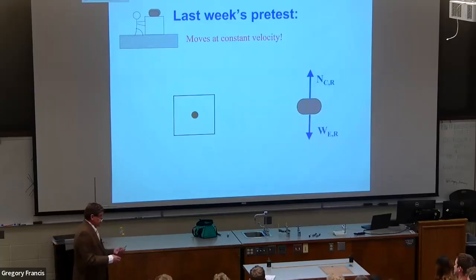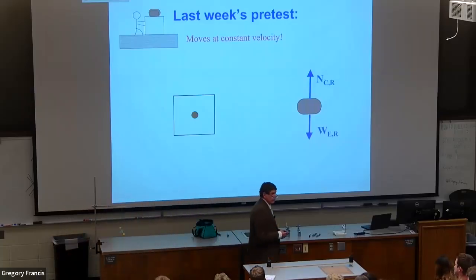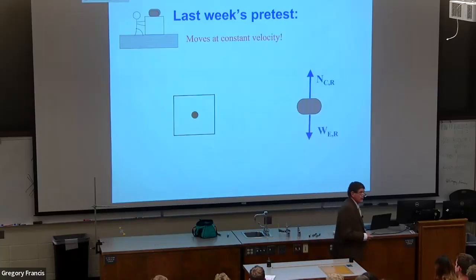Well, this is a rough crate and a rough rock. Shouldn't there be a friction force? Well, let's think about it. I've only got one force left in my quiver. I only have one more force that I can put on that diagram, a friction force. And the friction has to be parallel to the surface between the crate and the rock.